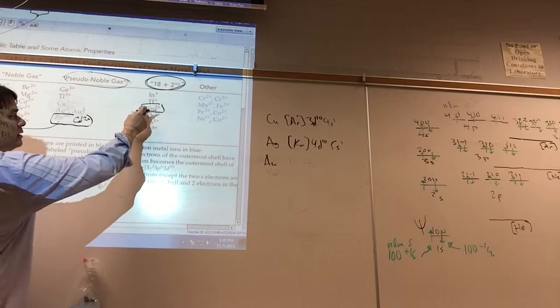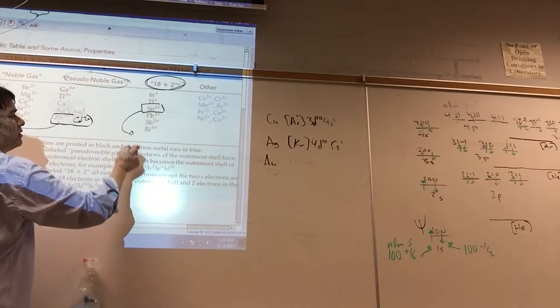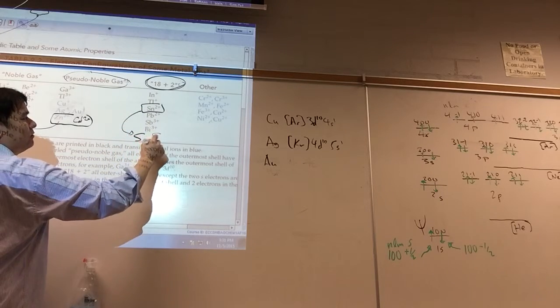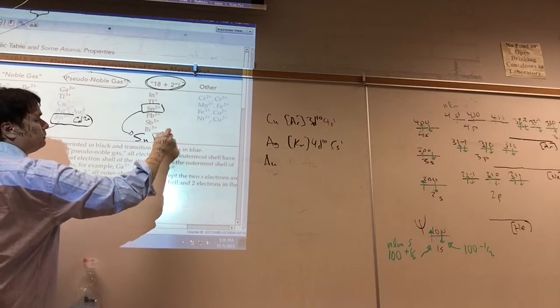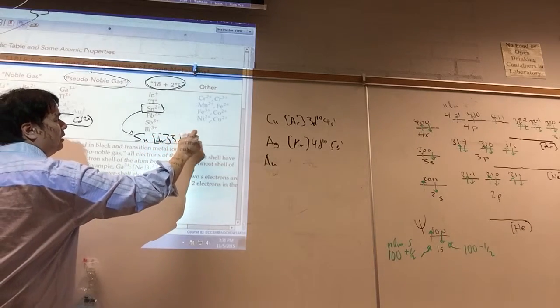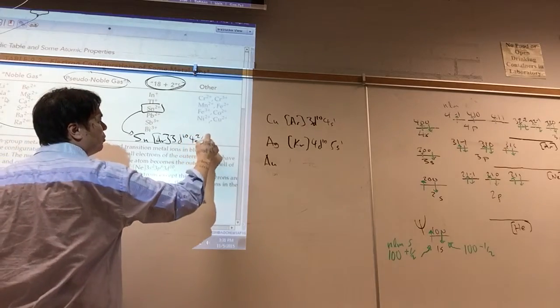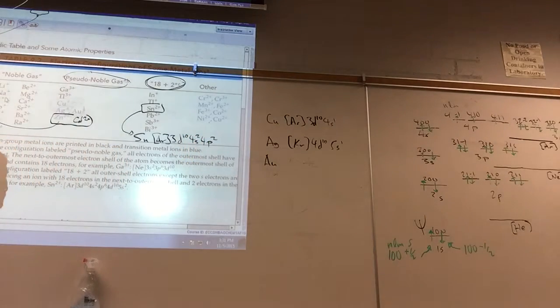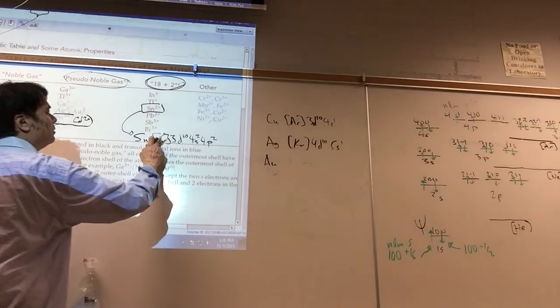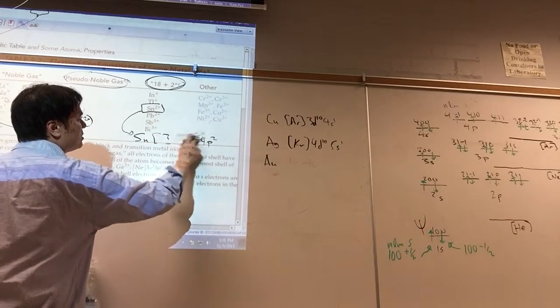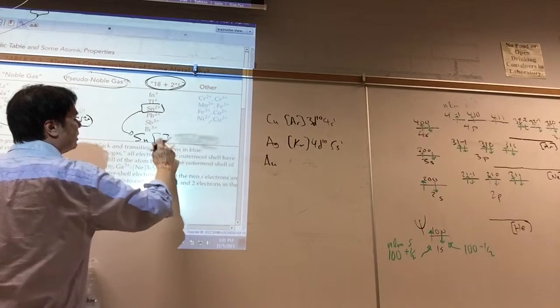If you look at tin, let's look at the electron configuration. Tin has an electron configuration of argon, 3d10, 4s2, 4p2. Oh, sorry, that's not tin.